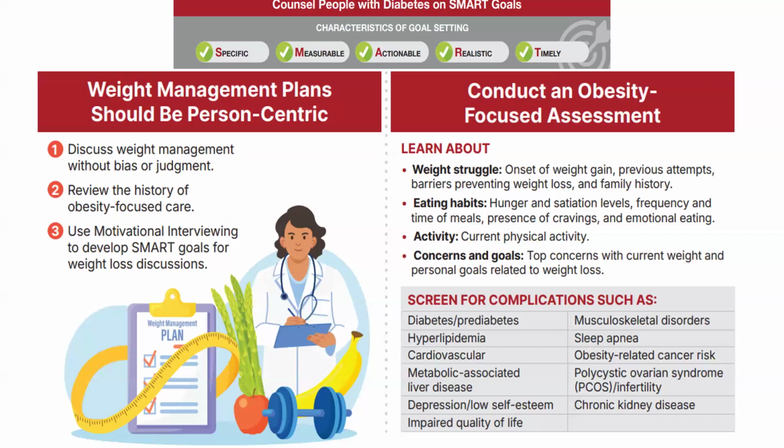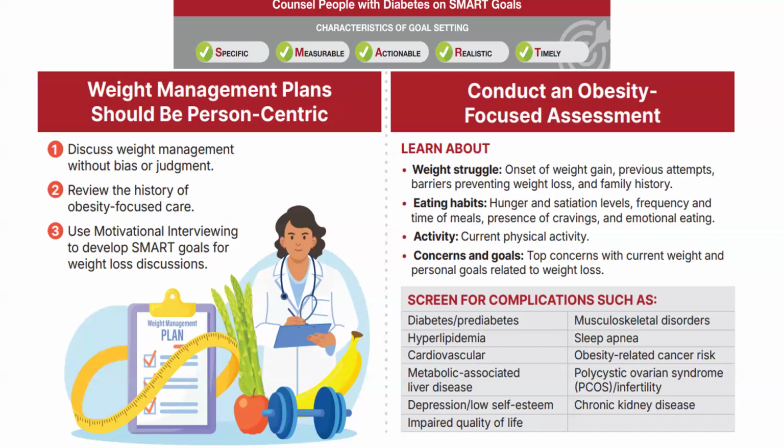What about any triggers for emotional eating? Assess the current level of activity, noting what exercises he or she is currently doing and the current physical activity levels. In terms of weight, look at the top concerns with current weight and the personal goals he or she has decided on in terms of weight loss.